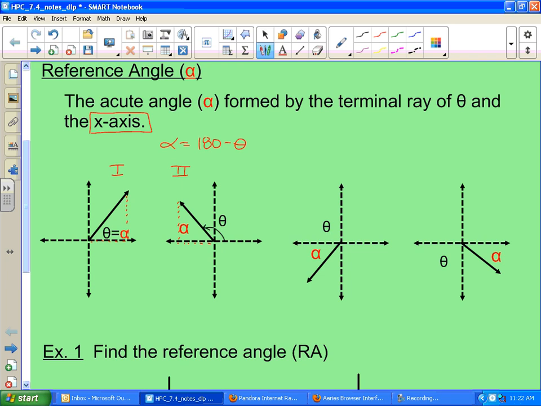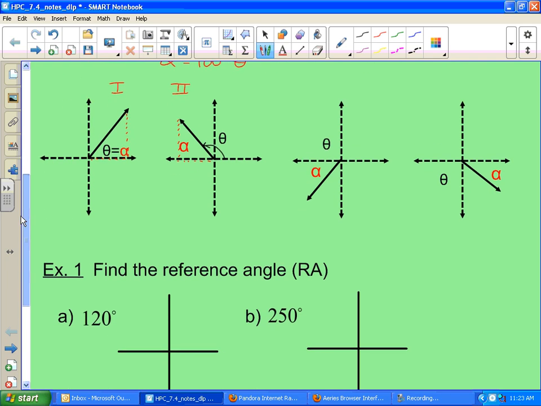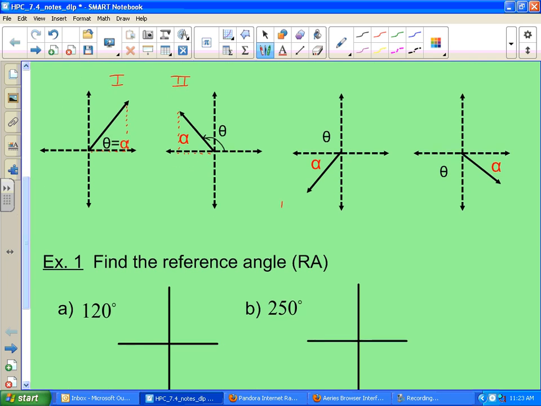All right, we just keep applying this concept all the way around, so we get all 4 quadrants involved. What's the rule going to be here for quadrant 3? So here's my theta, it spins me to there, gets to the terminal ray. How do I find what's left over there? How do I get back to the x-axis?